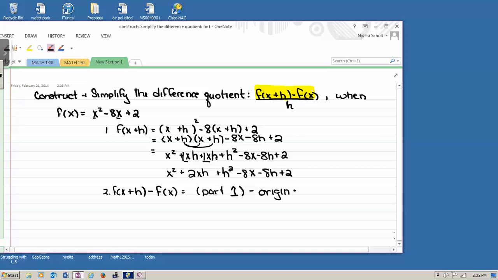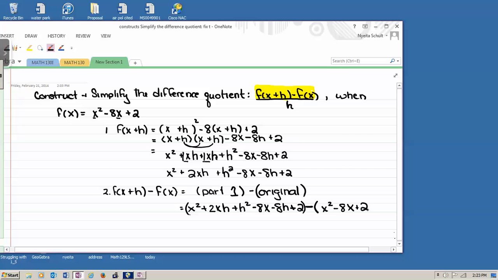And with the original, you have to put that in parentheses because we're going to end up distributing a negative sign. So our answer from part 1 was this. Alright, then it's minus the original, and that was x squared minus 8x plus 2.